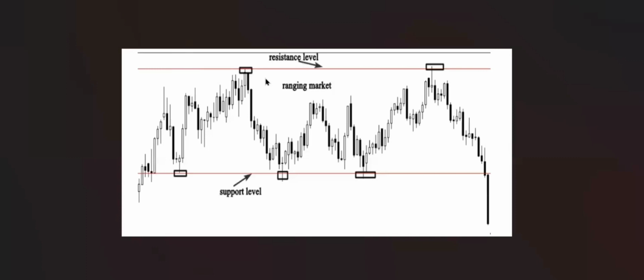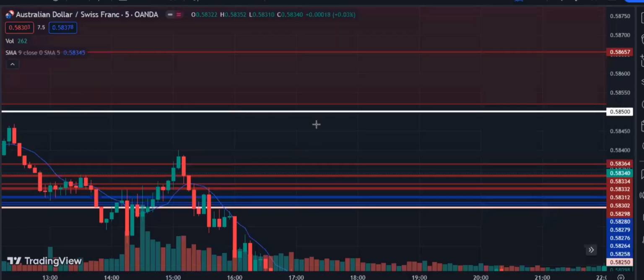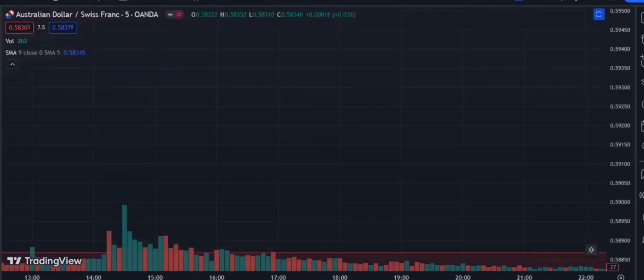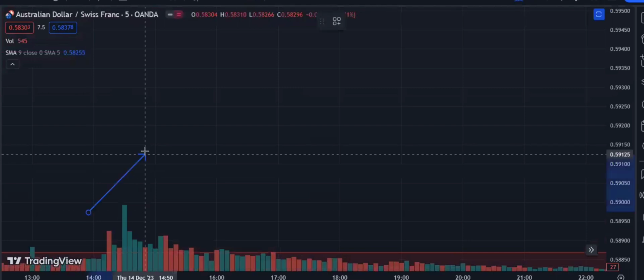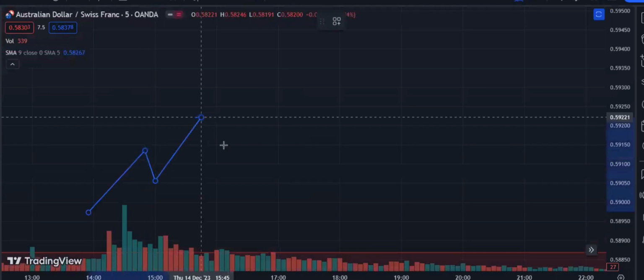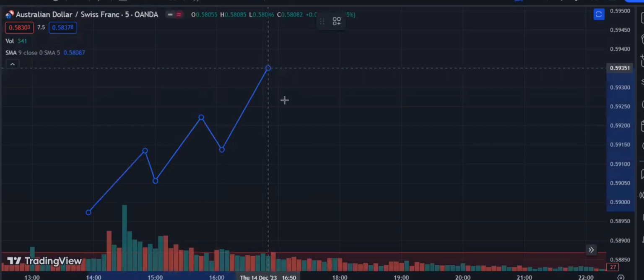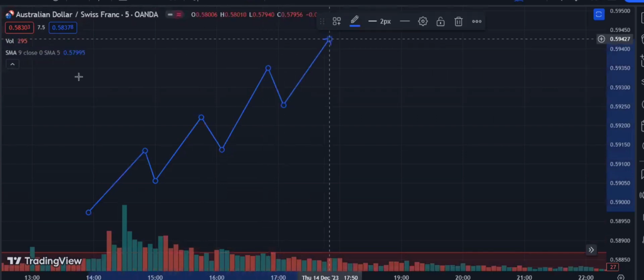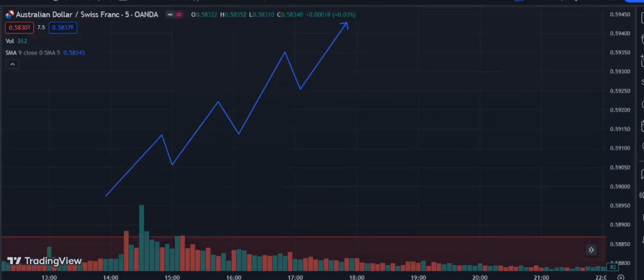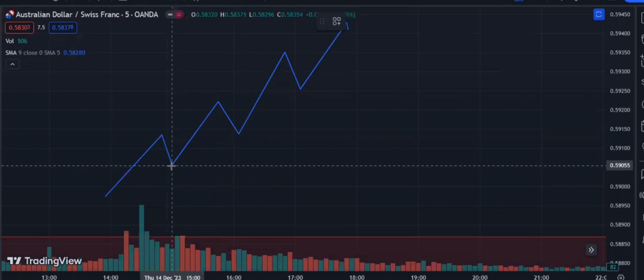Remember, for a trending market, you must trade along the trend. So if we're having an uptrend, a market making higher highs and higher lows, you should know that you are only going to buy at the pullback or retracement level.